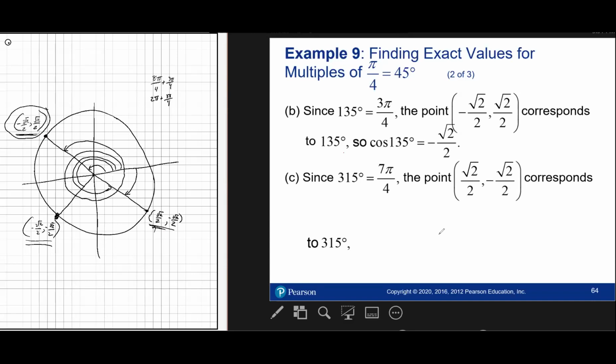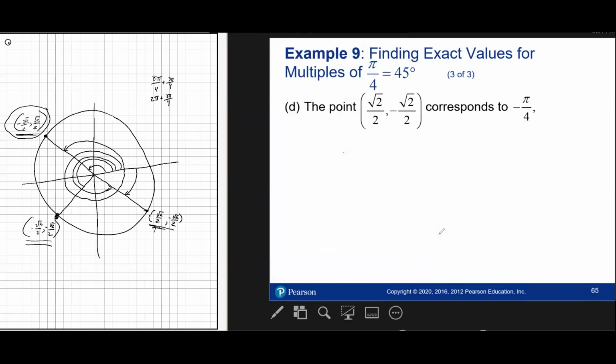For 7 pi over 4. And what word are they asking for? The cotangent. The cotangent is x over y. And so that just winds up being -1. All right, and so this same point corresponds to negative pi over 4, and cosine is the x value, which is a positive square root of 2 over 2.